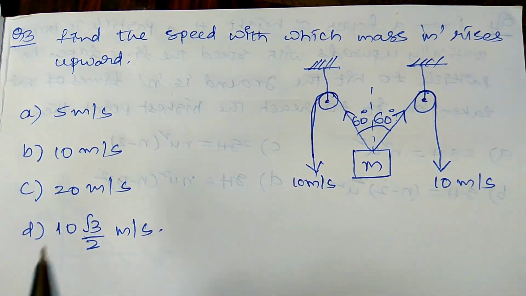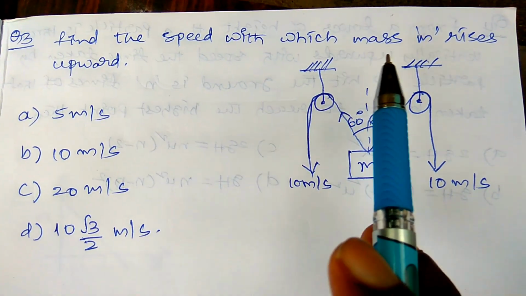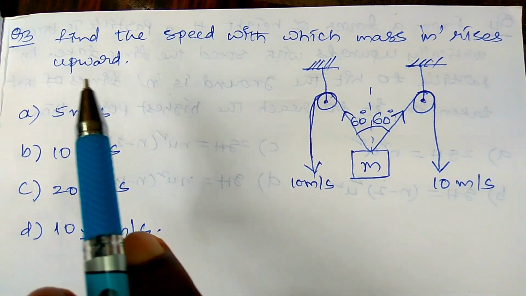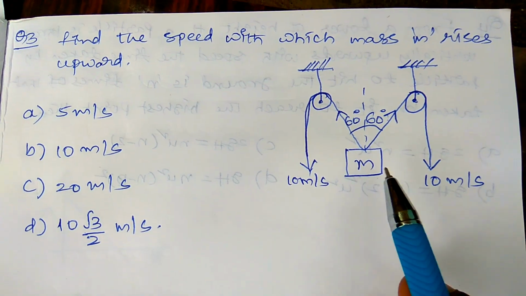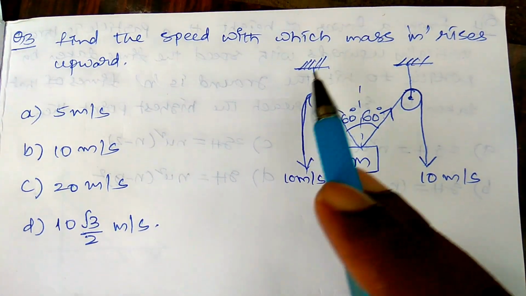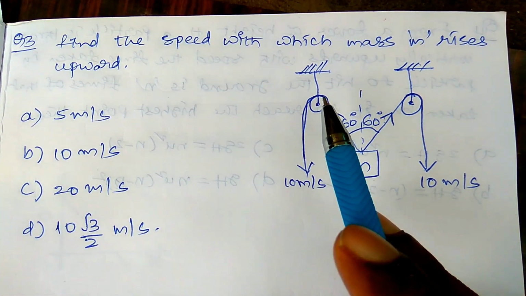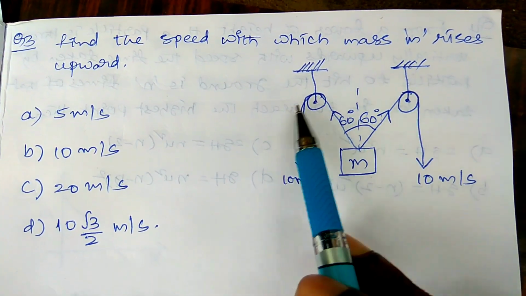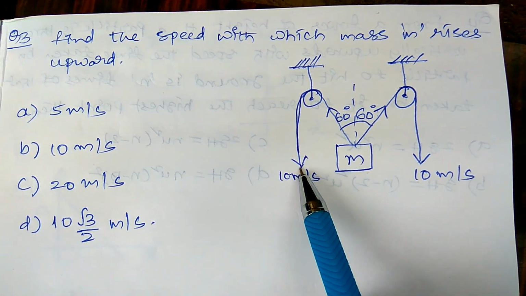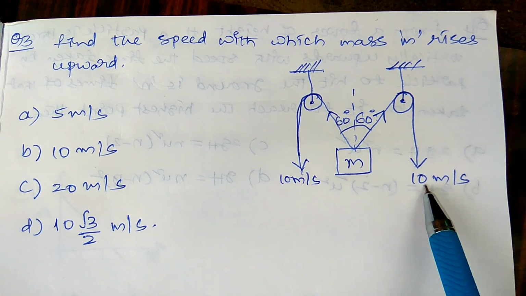Coming to the next question, find the speed with which mass m rises upwards. So here there is a mass m, and these are the constraint forces, and there are two pulleys having speeds of 10 meter per second and 10 meter per second.